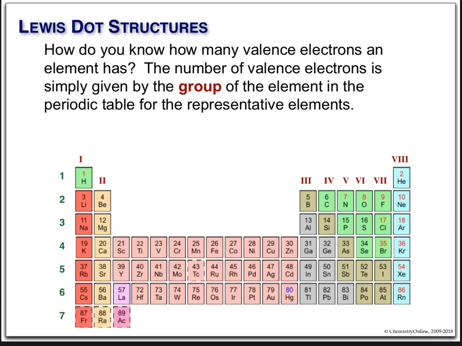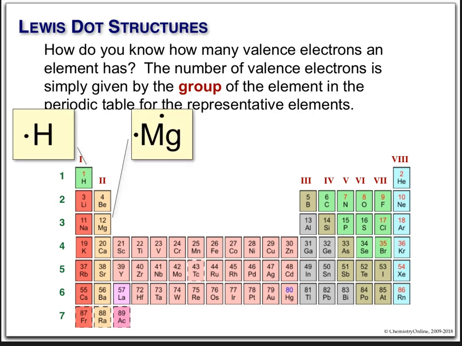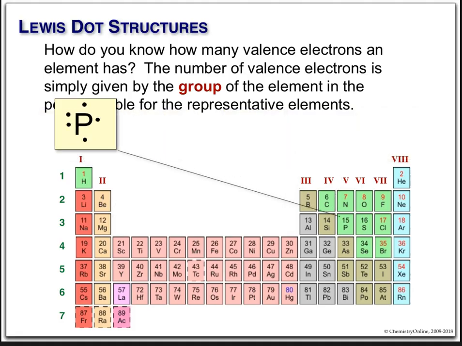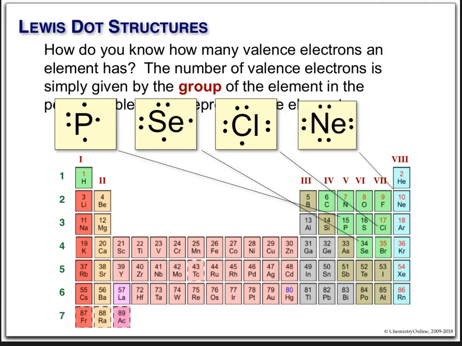Because the group number corresponds to the number of valence electrons. 1, 2, 3, 4, 5, 6, 7, and 8. That's the very simple way. You look at your periodic table. We just did fluorine. Fluorine is in group 7. It will have 7 valence electrons.